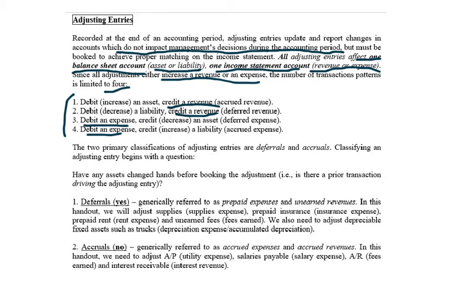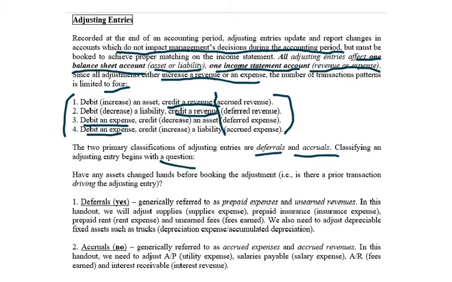Now, we don't really think of our adjusting entries in terms of expenses and revenues. We have other subcategories for them, which is where this bracketed material will be fleshed out in a moment. The real way we look at them is in terms of deferrals and accruals. The idea of categorizing adjusting entries by those two categories begins with a question.